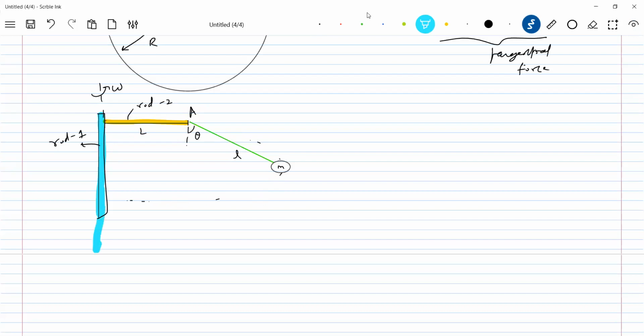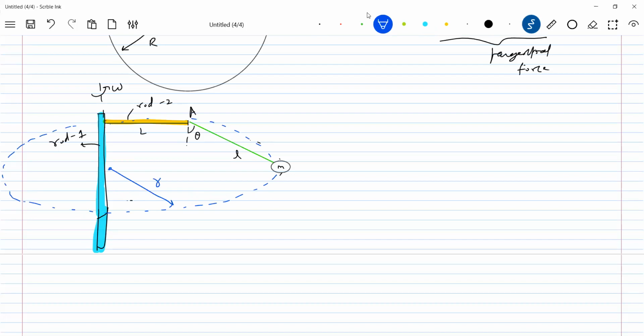I'll extend this rod further. So now the path of the particle will be like this. The bob will rotate about this particular point. So what is the radius? This will be the radius.